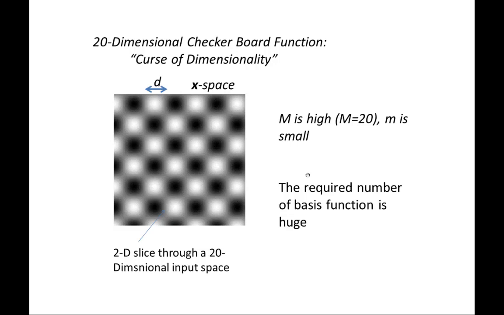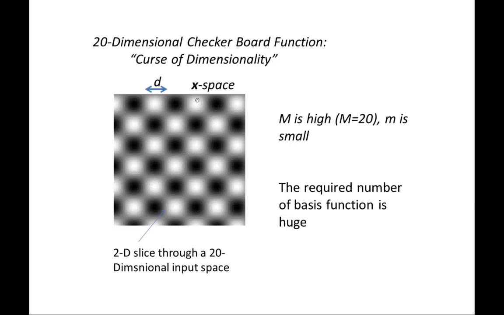So here, this checkerboard pattern, let's say, exists in 20 dimensions. I'm just showing sort of a slice through this space. So m is large. So this is supposed to be the target function.